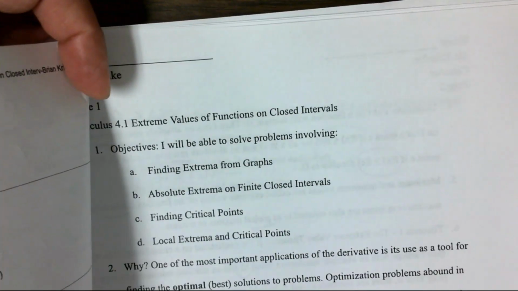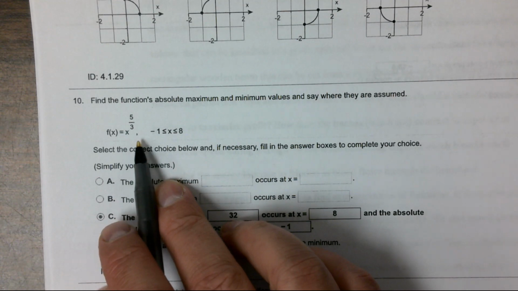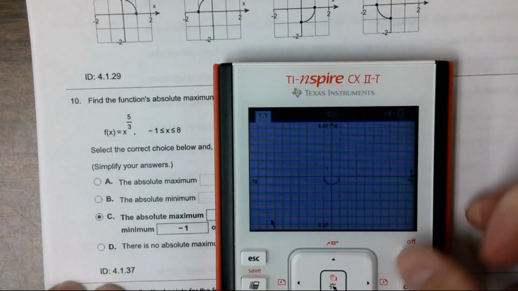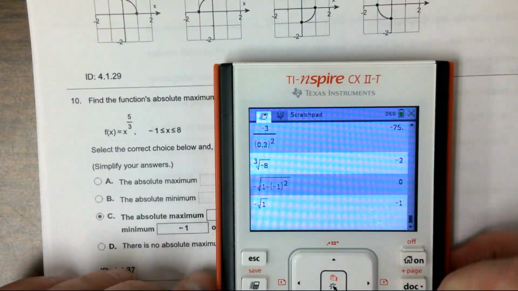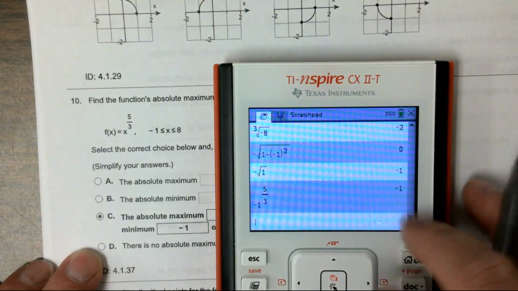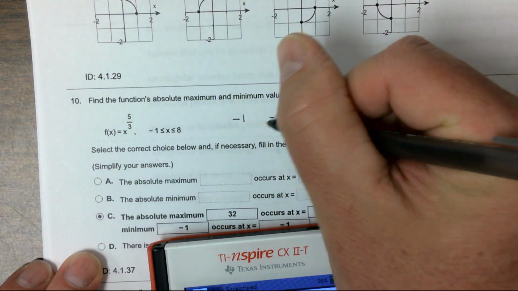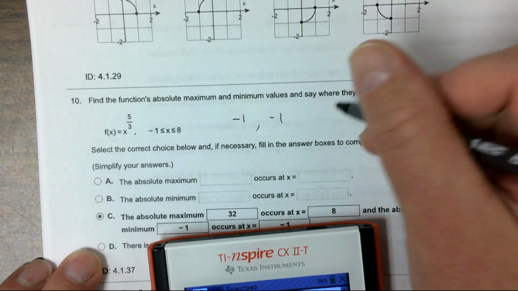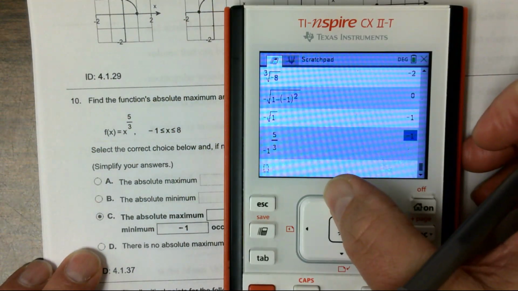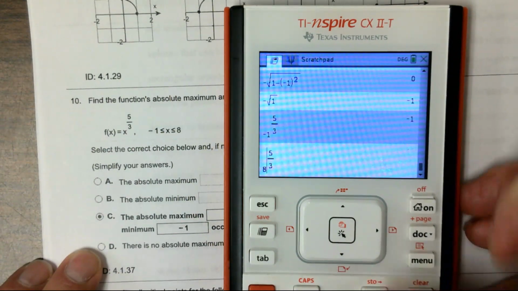I have just a couple more of these. On this one, you're doing x to the 5/3, and you're going from -1 to 8. So you're going to want to do -1 up arrow 5/3, and you get -1. And on 8, you get 32.